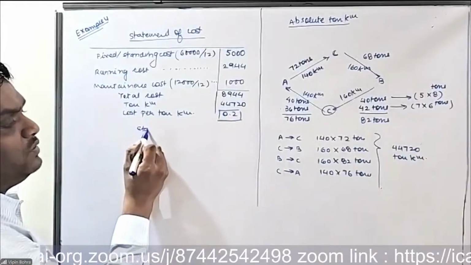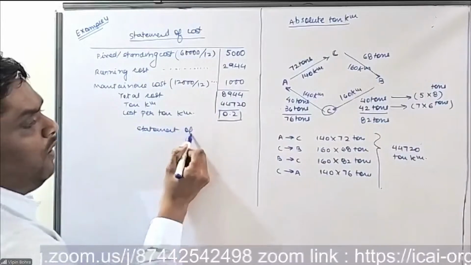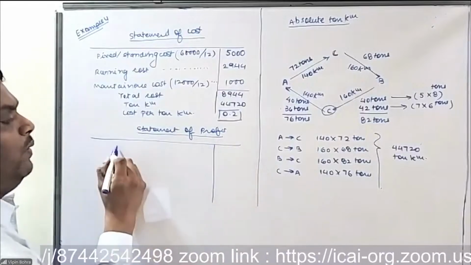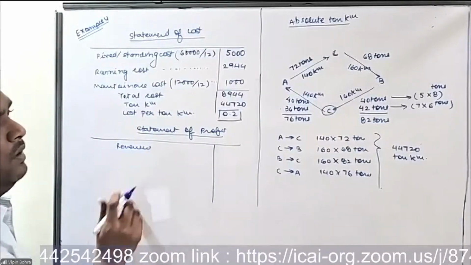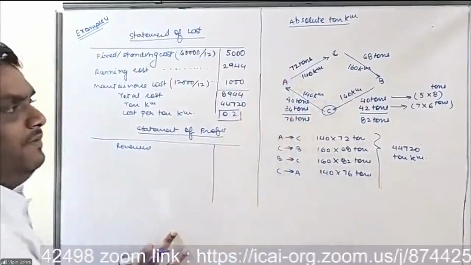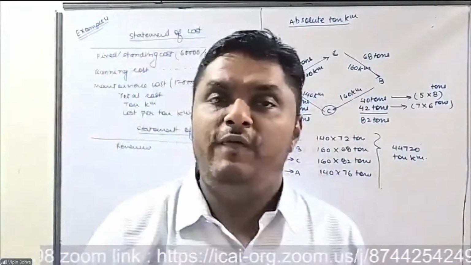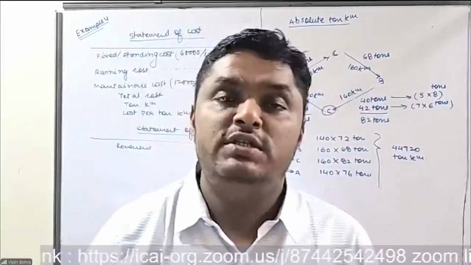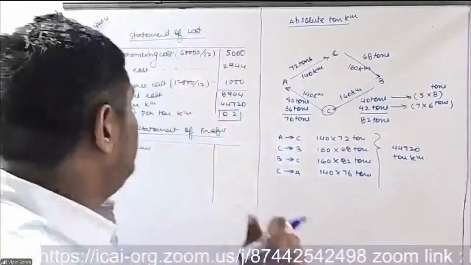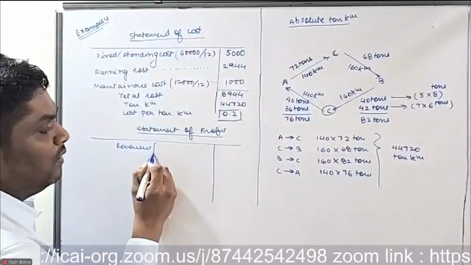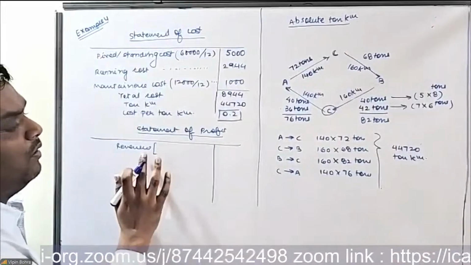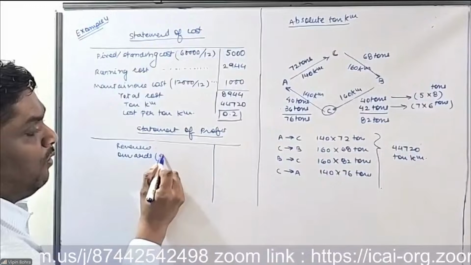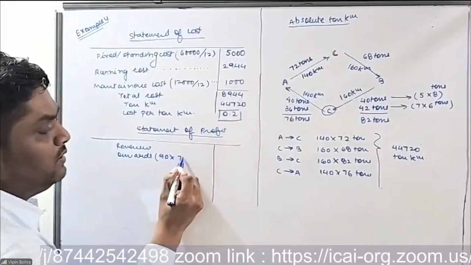Further, the question is asking us to calculate the statement of profit also. When talking about revenue, in the onwards journey, they started with 72 tons. No concession is offered if the goods are dropped at intermediate station C. So full fare will be charged, that is rupees 90 per ton. 90 into 72 tons.